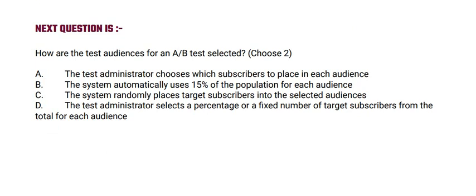Option C, the system randomly places target subscribers into the selected audiences. And option D, the test administrator selects a percentage or a fixed number of target subscribers from the total for each audience. The correct option is option C and D.